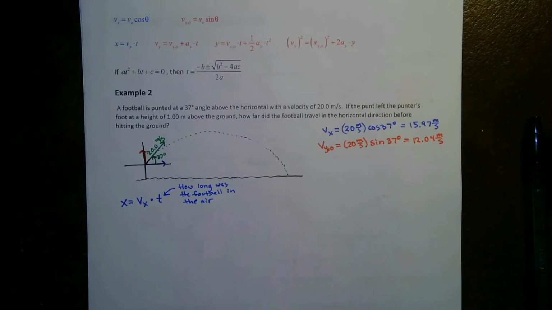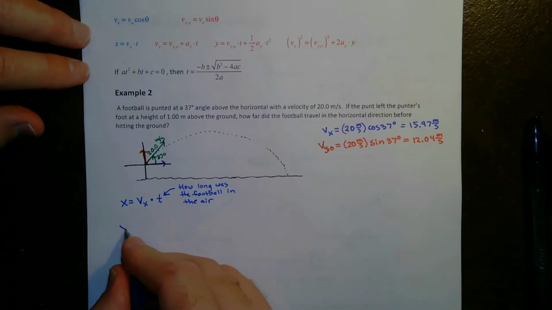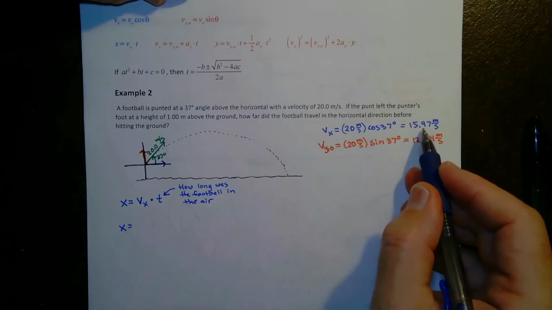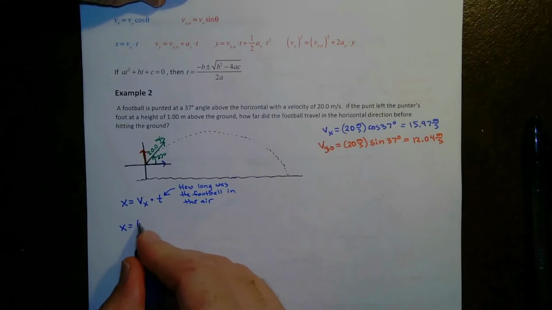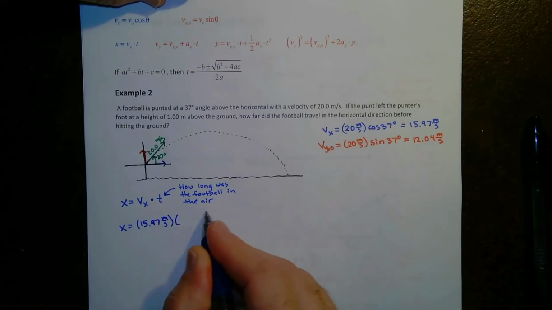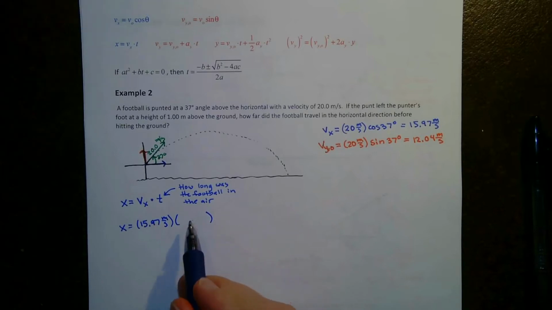Now I've got to figure out this time. I know my horizontal velocity is 15.97 meters per second, and I'm going to multiply that by the time. So I need to figure out the time.